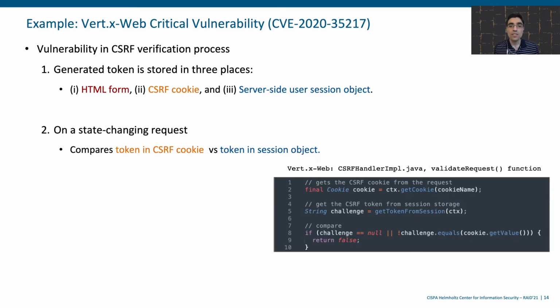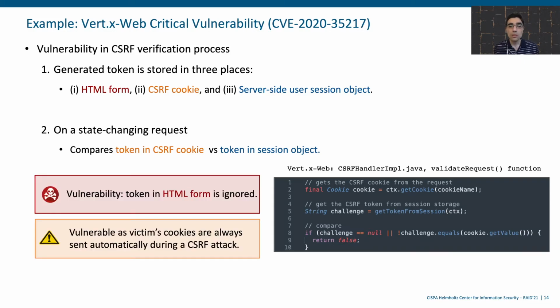Then, whenever a state-changing request arrives, the server compares the token in the CSRF cookie against the token in the session object. However, this is vulnerable because the token in the HTML form is completely ignored, and the victim cookies, be it the CSRF cookie or session cookies, as we know, are always sent during a CSRF attack.